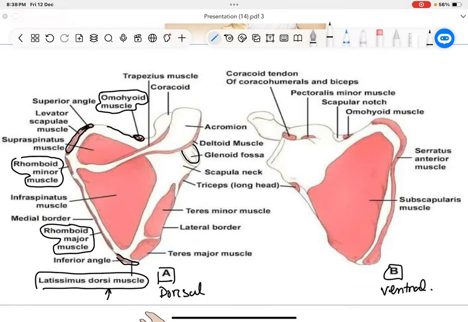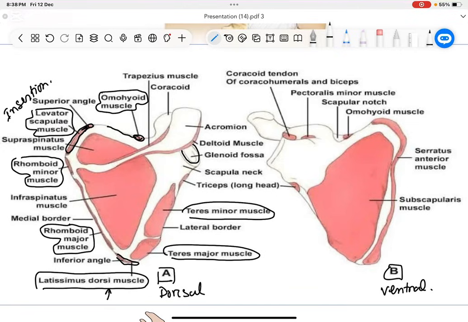So along the medial border from the superior angle, we can see levator scapulae, then rhomboideus minor, then rhomboideus major. These are all insertions. They are inserting here. If we see the thickest lateral border, we will see the teres minor and the teres major muscles.